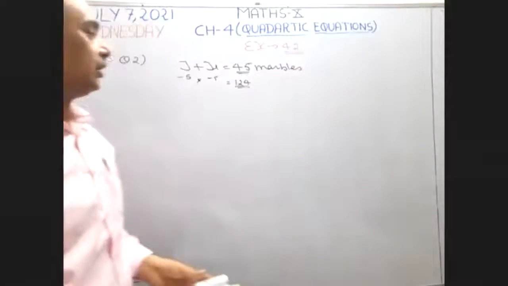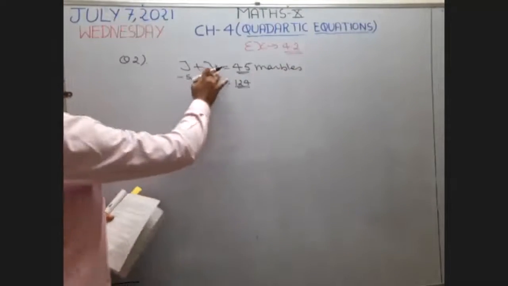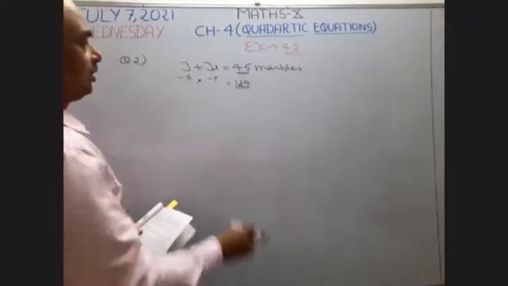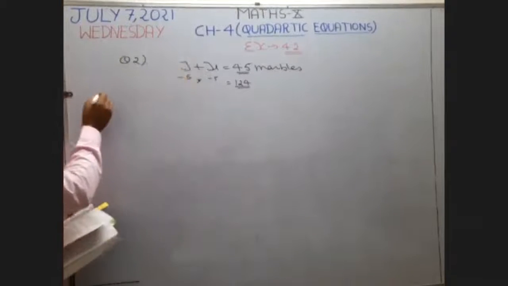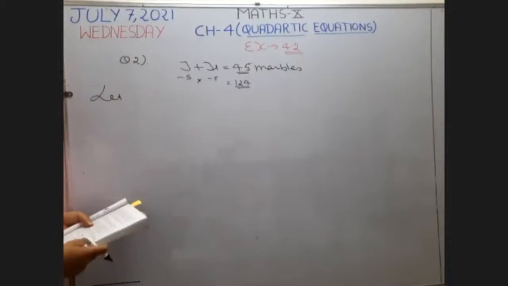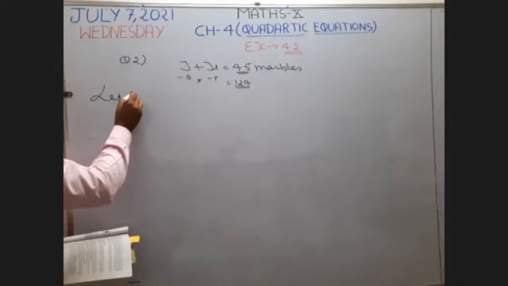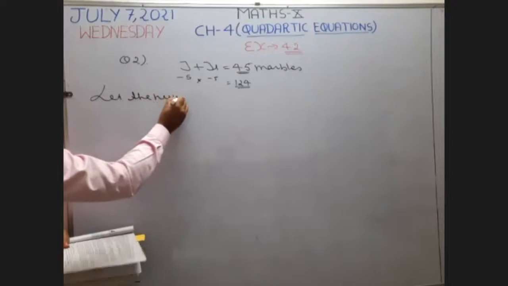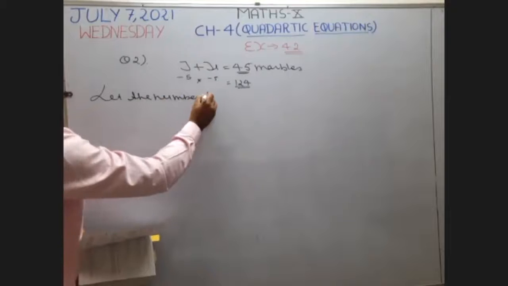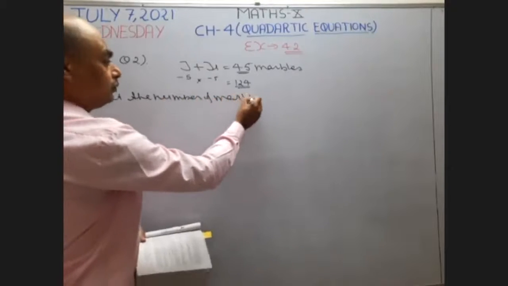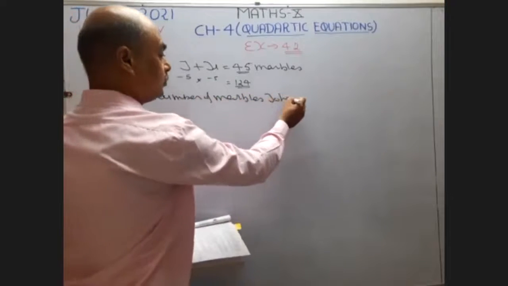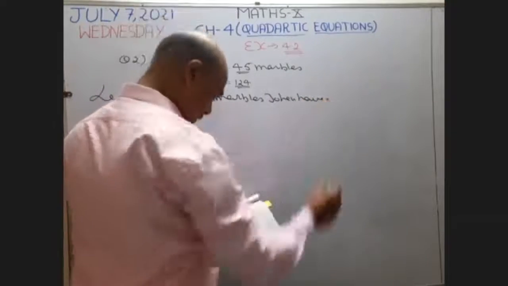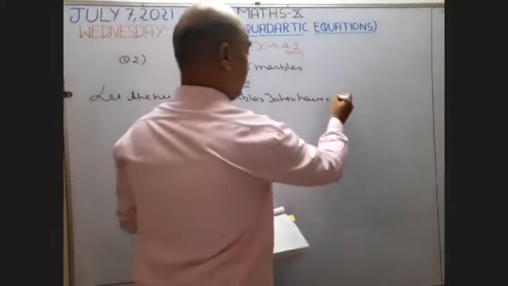Okay, beta. Now see, both John and Jivanti have 45 marbles. So I suppose, let the number of marbles John has be x.